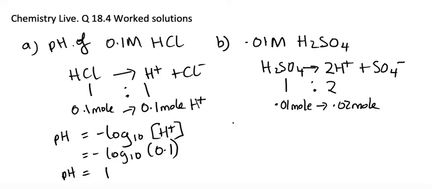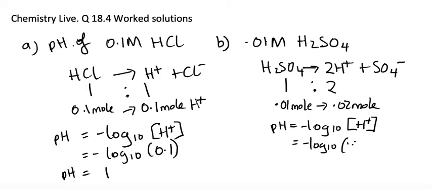Put that into your pH formula, which is pH is negative log to the base 10 of the hydrogen ion concentration. In this case, that is minus log to the base 10 of 0.02. And when you work that out, you will get a pH of 1.7.